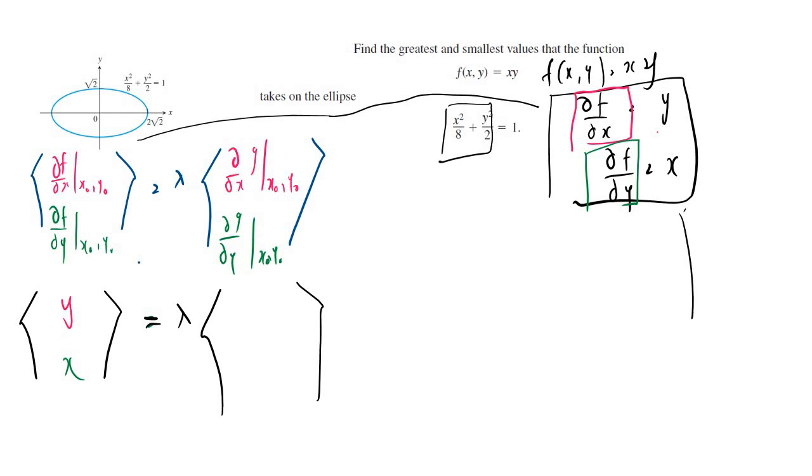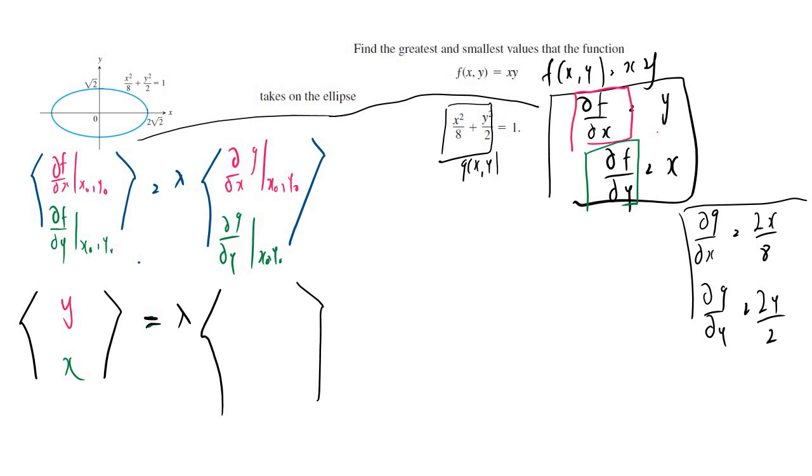So let's do the partial derivative of g with respect to x, this is g(x, y), would be 2x over 8, and the partial derivative of g with respect to y would be 2y over 2.